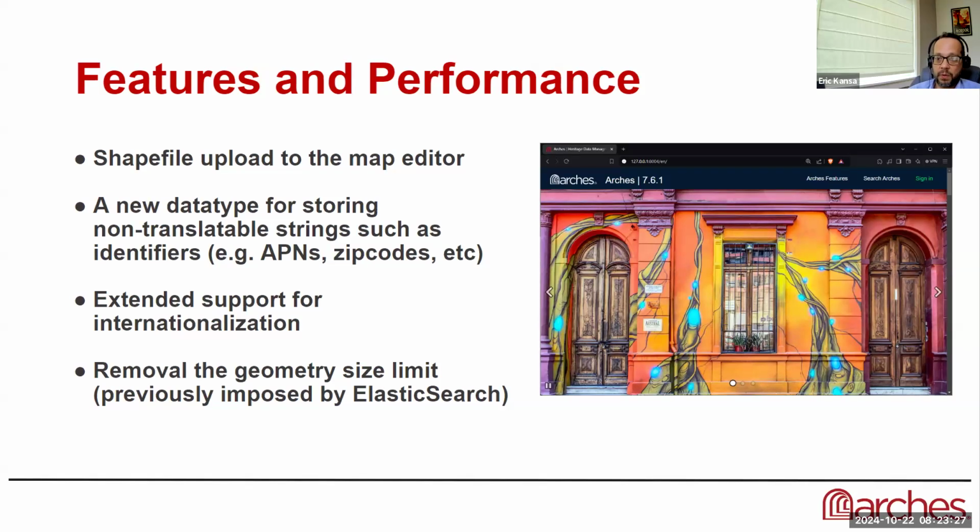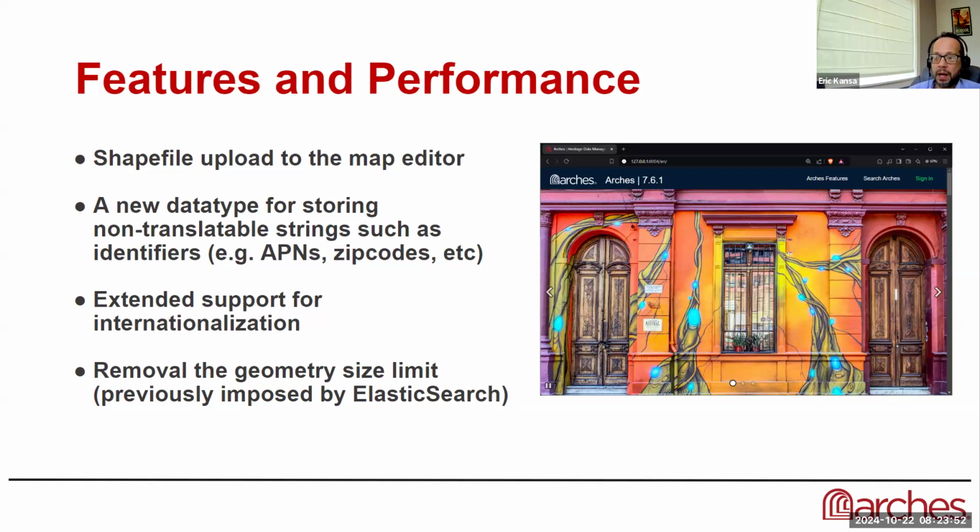And this is just one of these ways in which Arches is playing nicely with that ecosystem of software that's out there. There's also a new data type for storing non-translatable strings that's especially important for things like identifiers, zip codes, DOIs, all sorts of other kinds of identifiers where you don't necessarily need to have multilinguality associated with them.